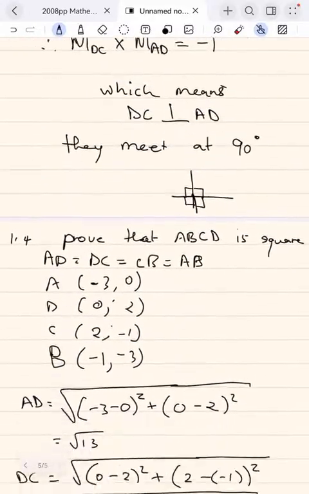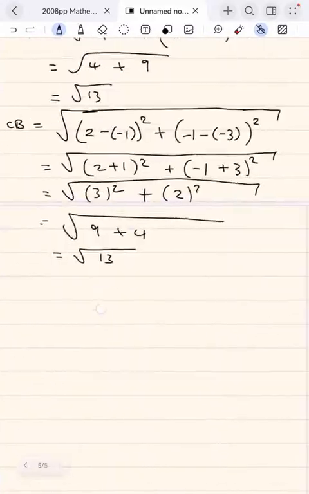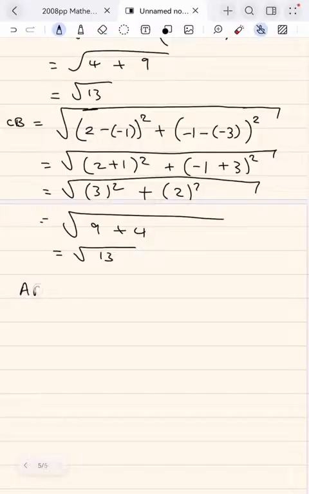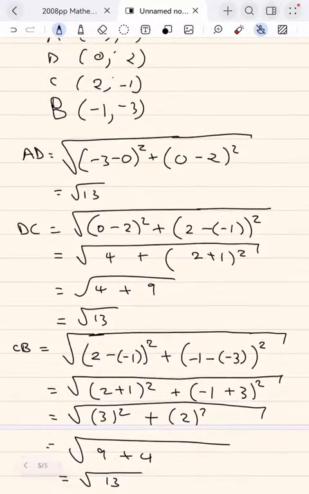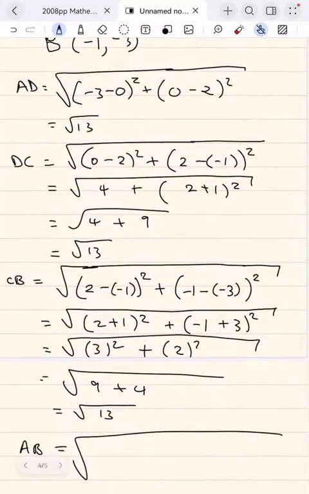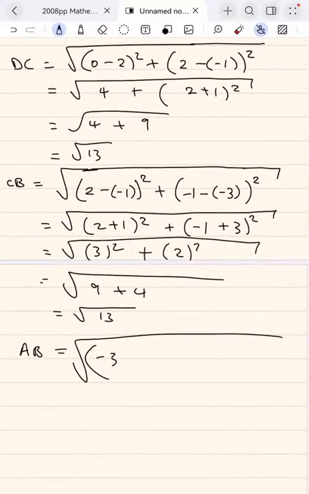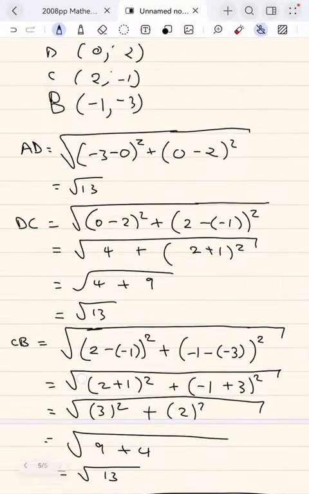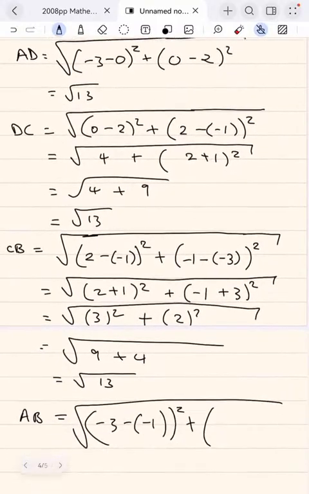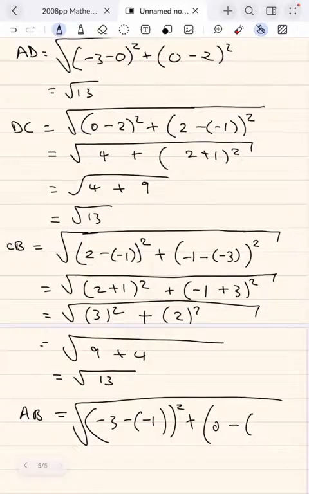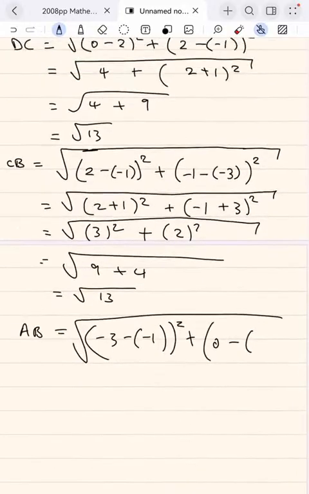What is the last one? AB. AB is equal to the square root of (X of A, minus 3, minus X of B, minus 1) squared plus (Y of A, 0, minus Y of B, minus 3) squared.